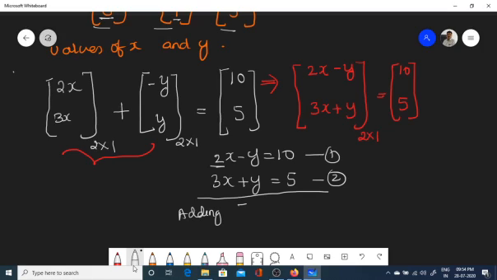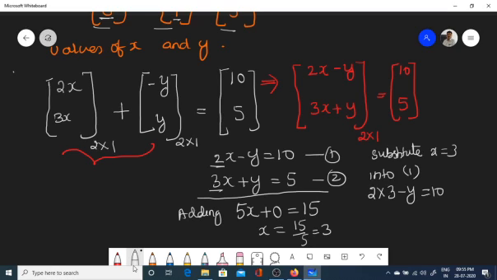And substitute x is equal to 3 into one of the equations, equation 1. So therefore, that is 2 into 3 minus y equals 10. So therefore, 6 minus y equals 10.